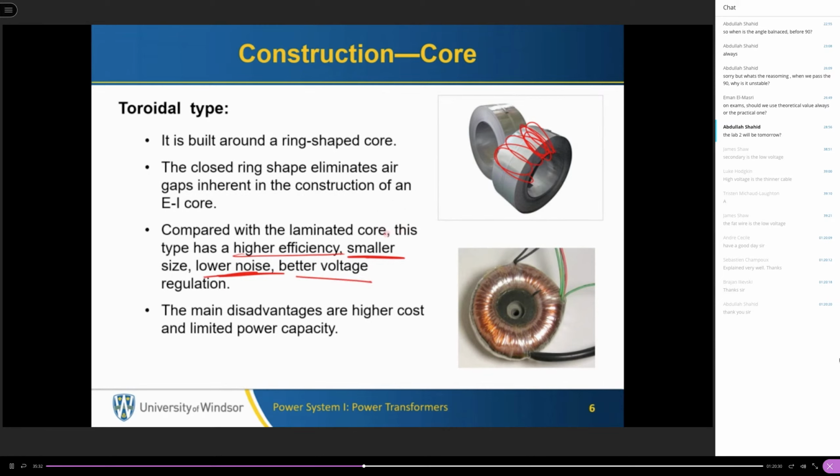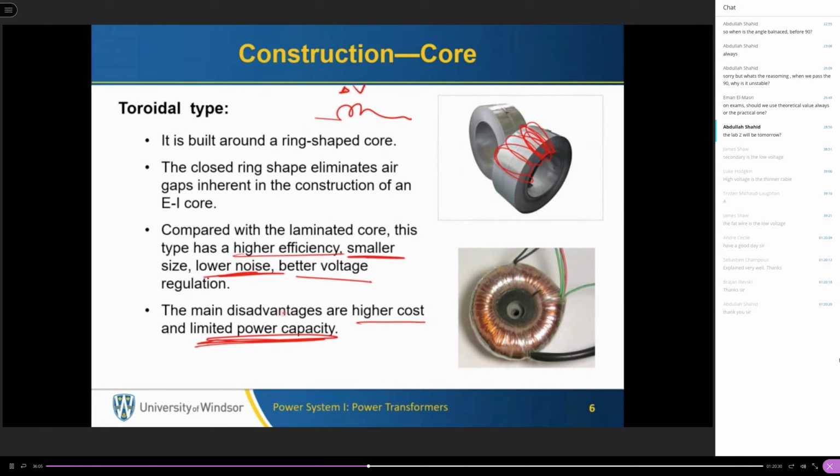Because if you have low leakage flux, then the reactance of the winding will be low, and as a result the voltage will be regulated better, because we will not lose any voltage drop across the reactance of the transformer. But the main disadvantage of this type, of course, is that it has a higher cost compared to the others, and it has limited power capacity.